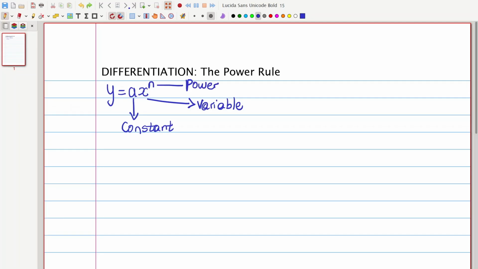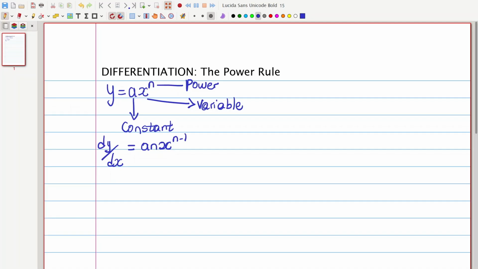Now, the derivative of this function using the first principle is given by dy over dx is equal to a n x raised to power n minus 1.